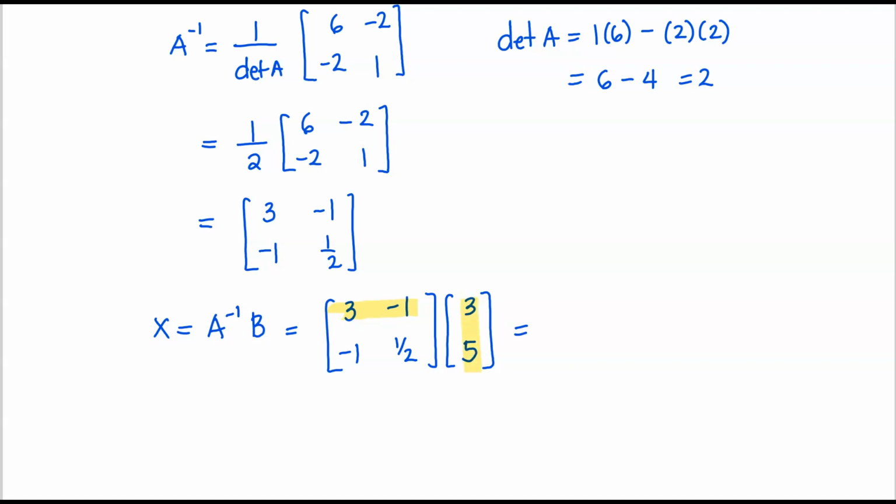So we therefore have 3 times 3 plus -1 times 5. And then -1 times 3 plus 1/2 times 5.